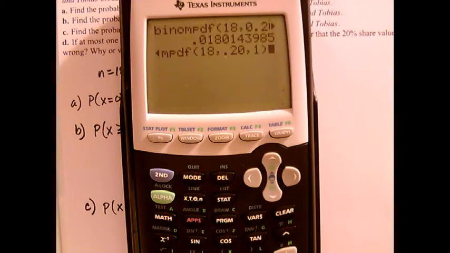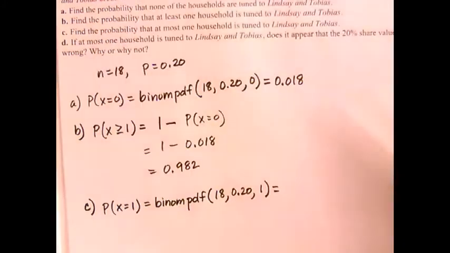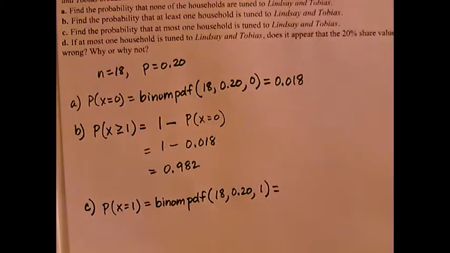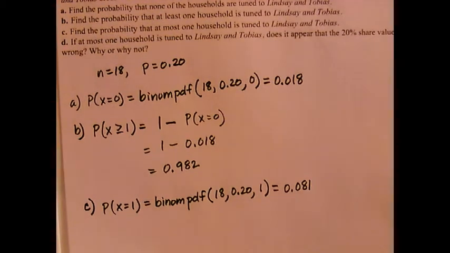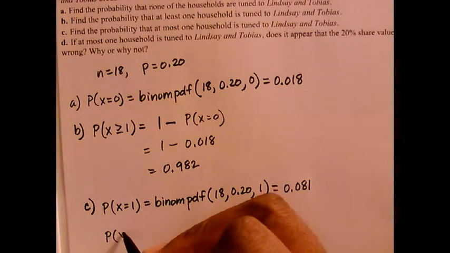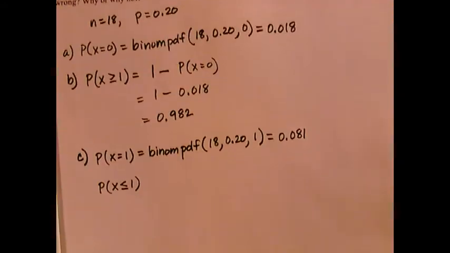And then hit enter again, and then hit enter a third time. So it'll be 0.081. So the probability of exactly one person watching the show will be 0.081.